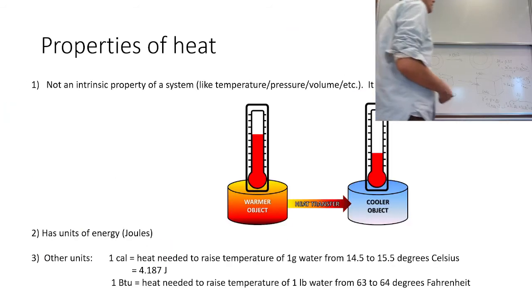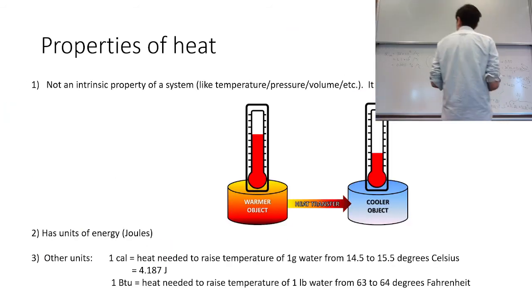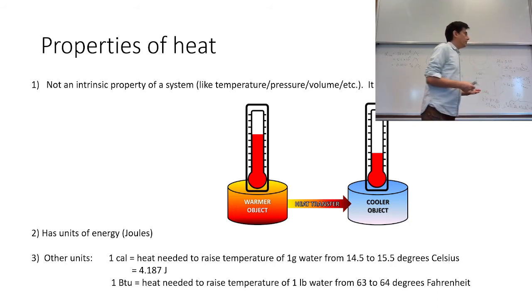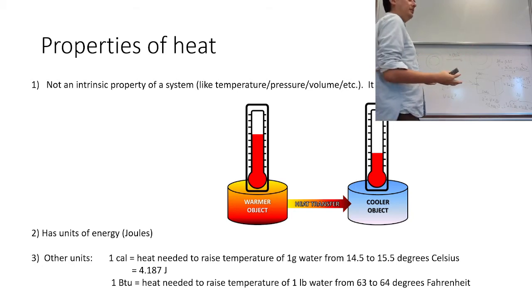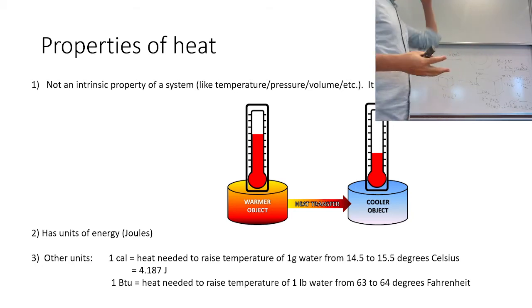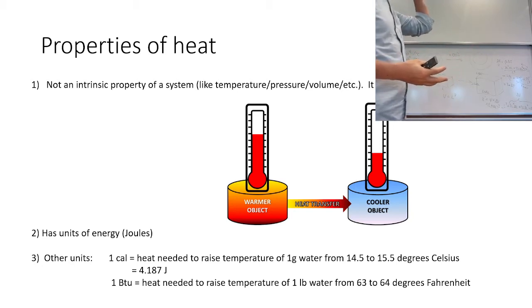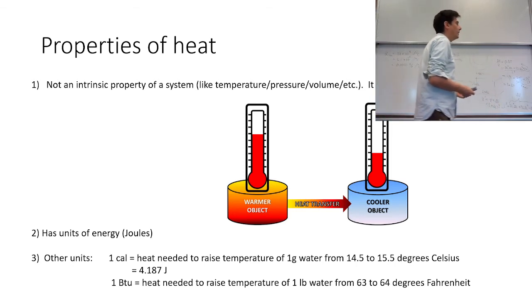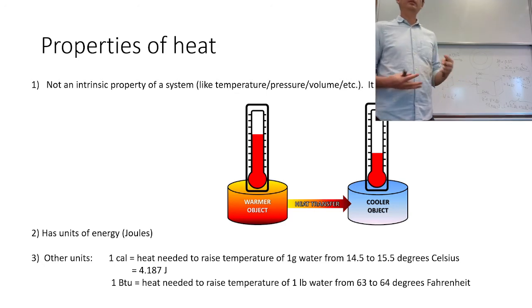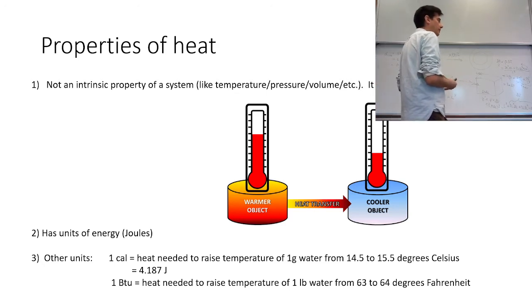Okay, here we go. So, some properties of heat. It's not an intrinsic property of a system. You can't say that something has this much amount of heat. It's always associated with a transfer of energy, right?